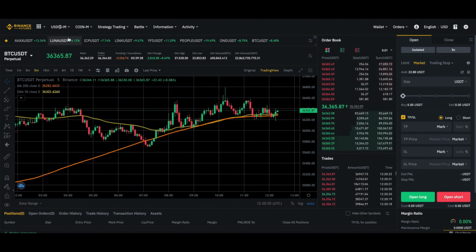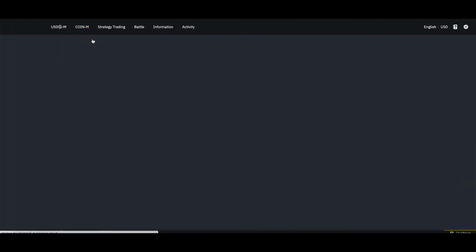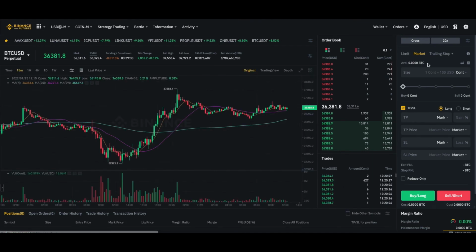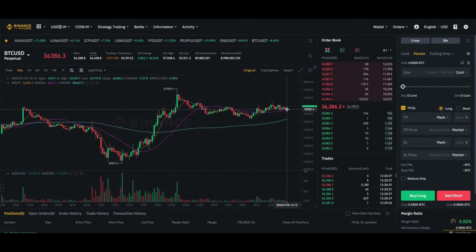Whereas you can also come over to Coin-M, where you'd use Bitcoin. Now, it's worth noting that if you're doing USD, then you know that USDT is a stablecoin, so it's going to stick to the value of the dollar.